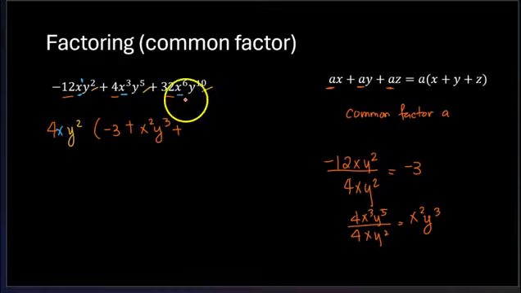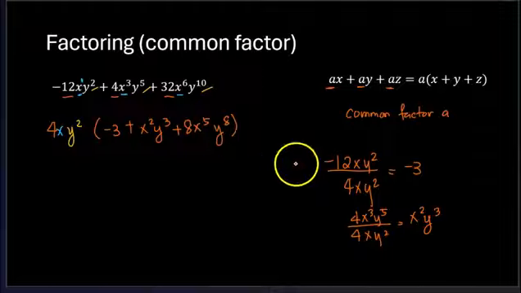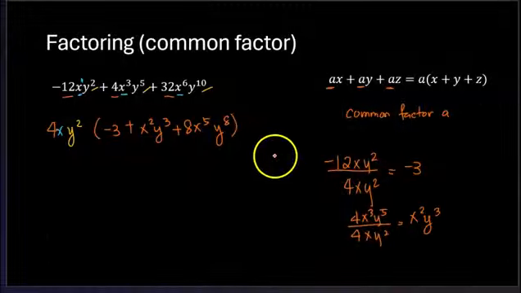Like, you don't have to do this. You can do 32 divided by 4, 8. X to 6 over x, x raised to 5. Y raised to 10 over y squared, y raised to 8. Okay, so you can also do it mentally. But if you have a hard time doing it mentally, you can do this. Okay, so that's by common factor.